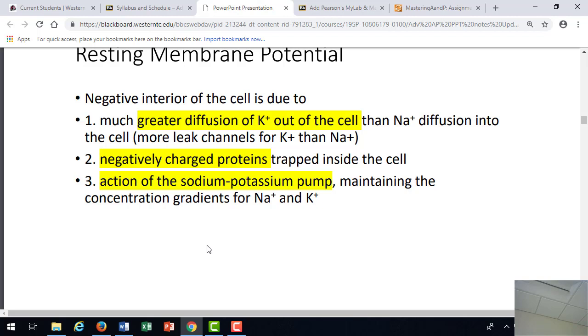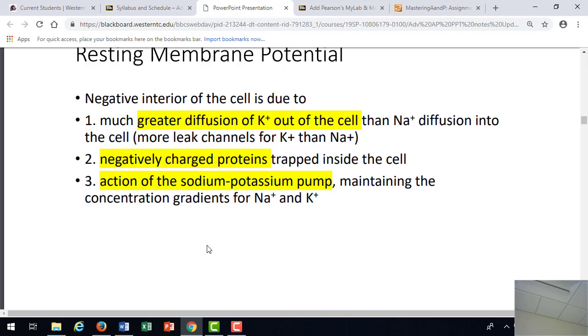They produce these neurotransmitters, many of which are proteins. So we have these negatively charged proteins that are trapped inside the cell. They're too big to fit through these tiny little membrane ion channels, so they have to leave by exocytosis. So they're stuck inside the cell, making it negative in there. So we have these negatively charged proteins, and then we have this loss of potassium through these leak channels.